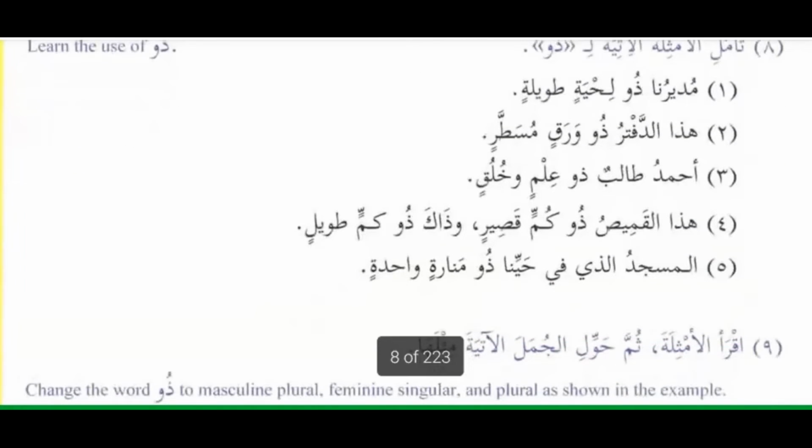Now coming on to our 8th example, our 8th tamreen, ta'ammal. Ta'ammala yata'ammalu. Ta'ammal means ponder. Ta'ammalil amsilatal atiyata.